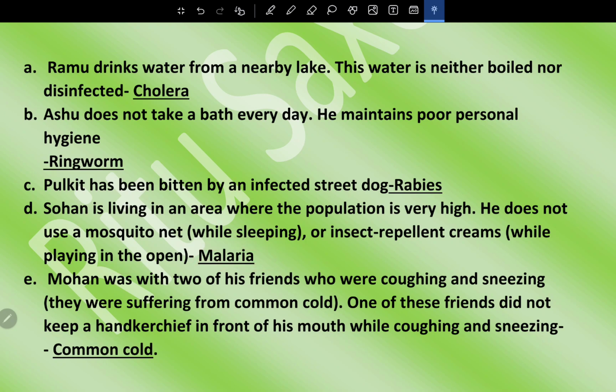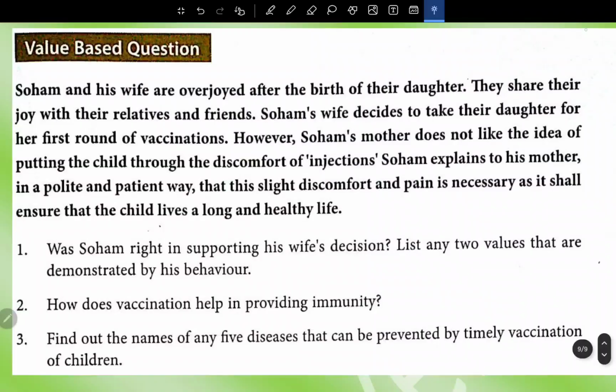He may suffer from malaria. Mohan was with two of his friends who were coughing and sneezing. They were suffering from the common cold. One of these friends did not keep a handkerchief in front of his mouth while coughing and sneezing. So Mohan might get the common cold.